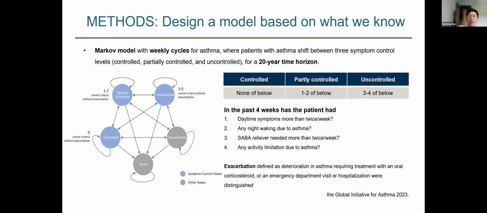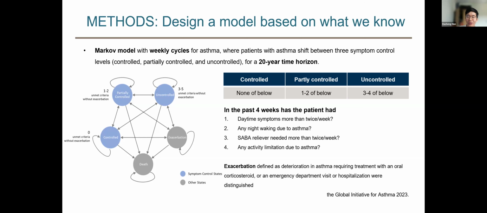So what we need is, based on the current evidence of this disease, to estimate, under different adherence levels, the transition probabilities of patients between each state. We let the model run over a 20-year time horizon.